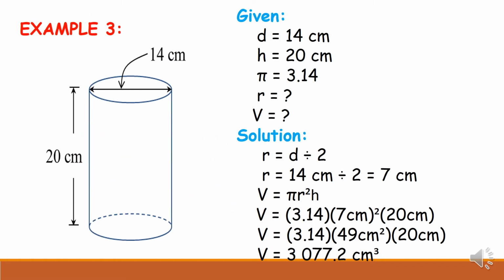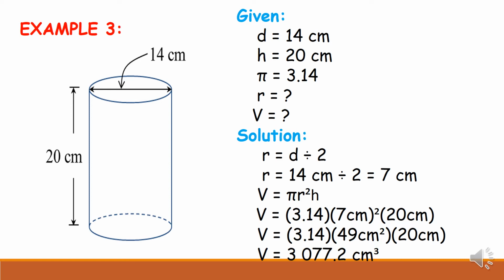Example number 3. We have here a cylinder. The diameter of the circular base of the cylinder is 14 centimeters, and the height of the cylinder is 20 centimeters. So we have here our given: diameter is equal to 14 centimeters, height is equal to 20 centimeters, and pi is equal to 3.1400.